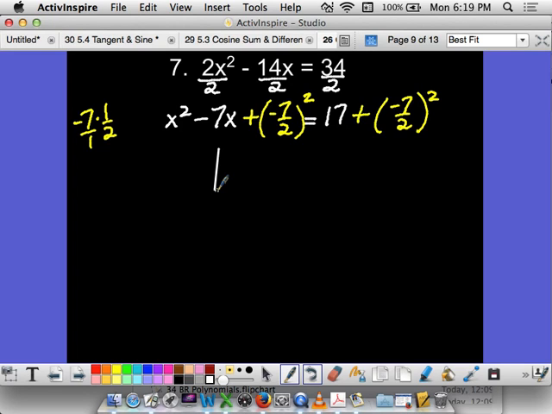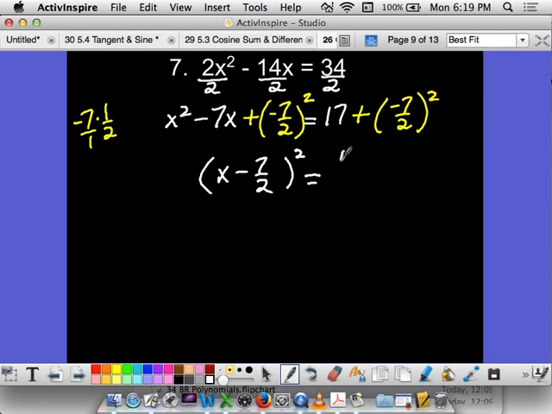So here this creates the binomial square of x. Here's the minus sign, or here's negative 7/2, is equal to, and then we're going to calculate 17 plus negative 7 halves squared.